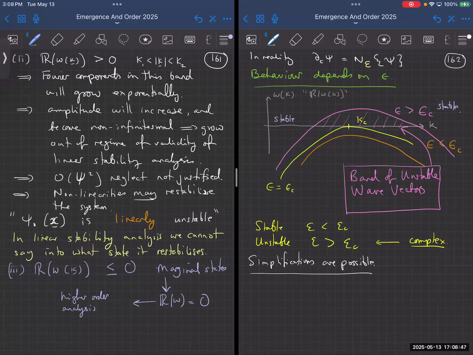Well, first of all, it might be that the size of this band of unstable wave vectors, with edges K1 and K2, is much smaller than the critical one Kc. In that case, we can essentially say that there's only one or two unstable modes.